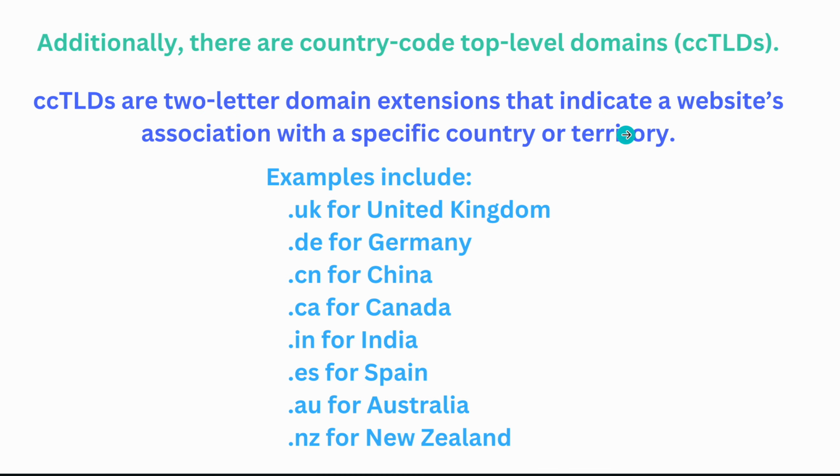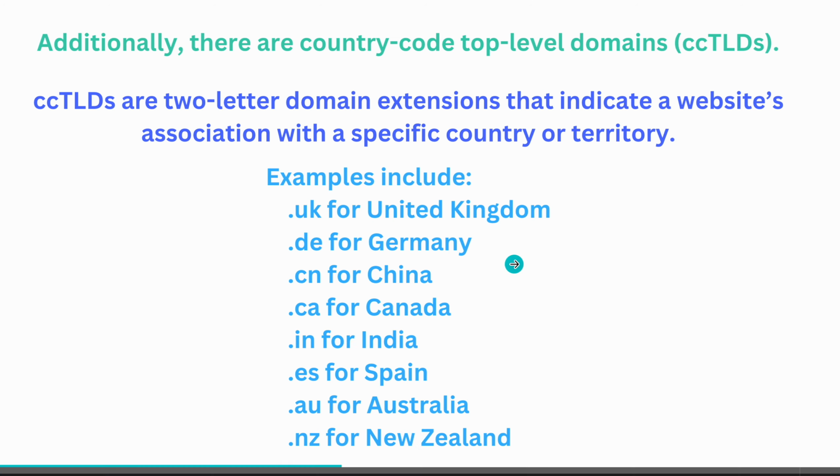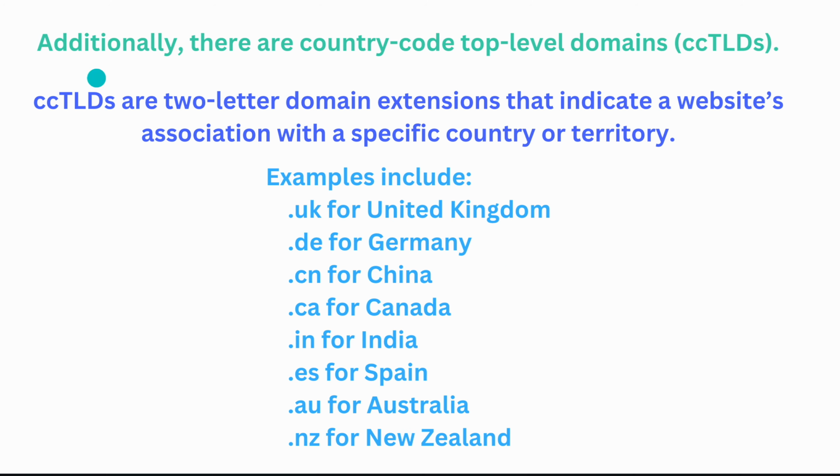Additionally, there are country code top level domains, CCTLDs, like UK for United Kingdom, DE for Germany, CN for China, CA for Canada, IN for India, ES for Spain, AU for Australia, NZ for New Zealand, right? So these are known as the CCTLDs.